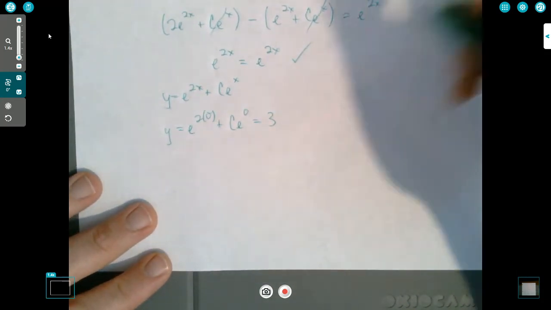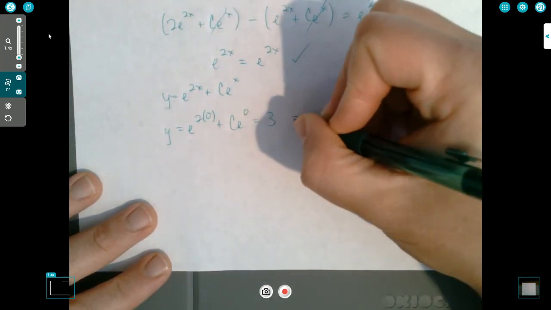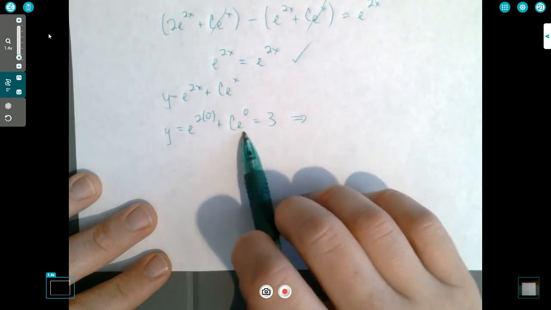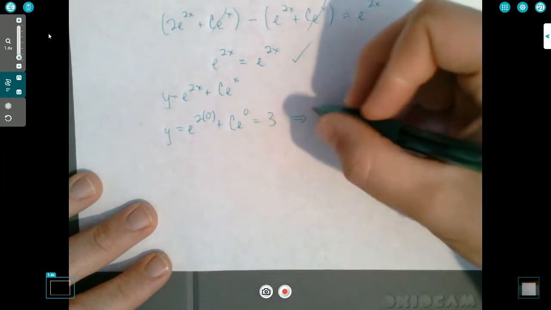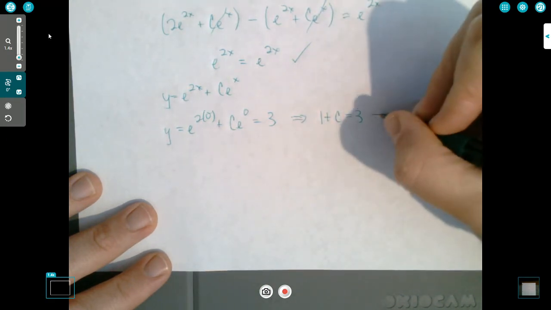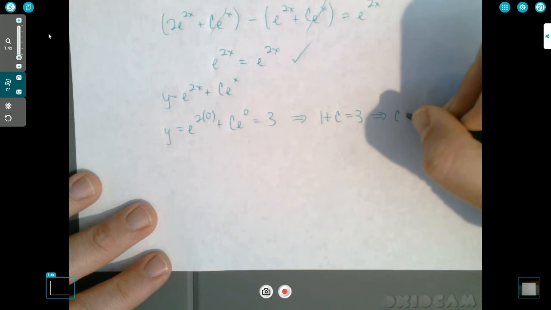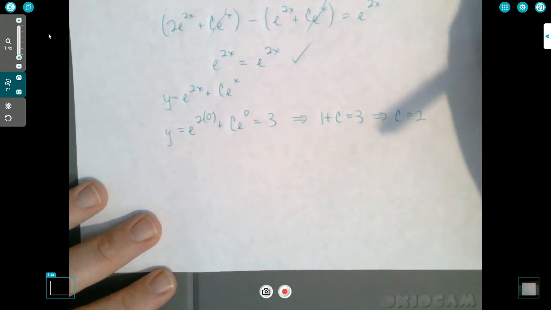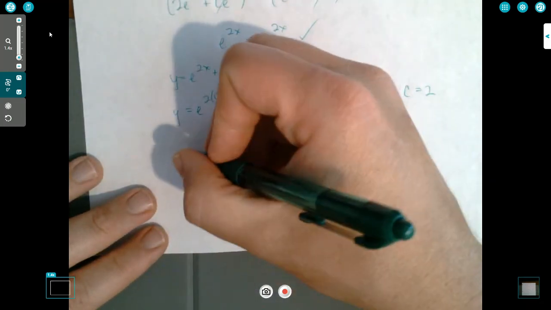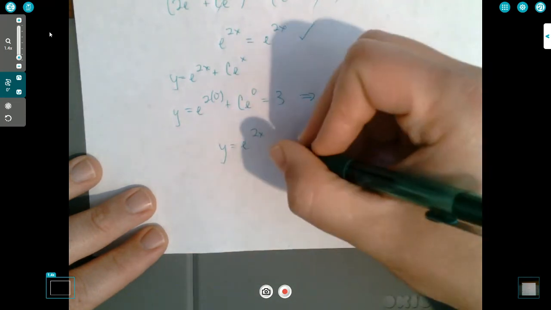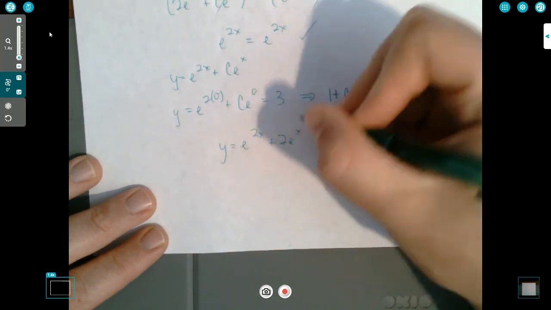Well, e to the 0 is 1. So this is 1 plus c. And that means that c has to equal 2. So the solution to the initial value problem is going to be y equals e to the 2x plus 2e to the x.